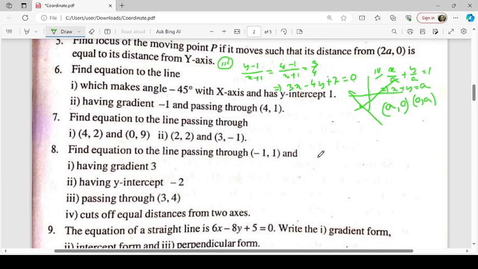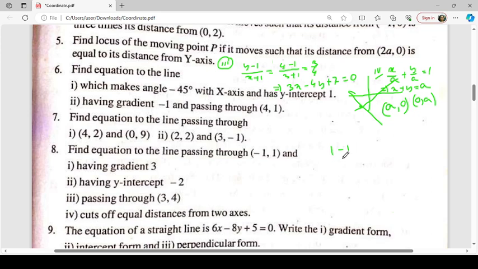So x is minus 1, y is 1, so it is the point (-1, 1). So if it is here, then this is a. This is 45 degrees, so the gradient is minus 1.